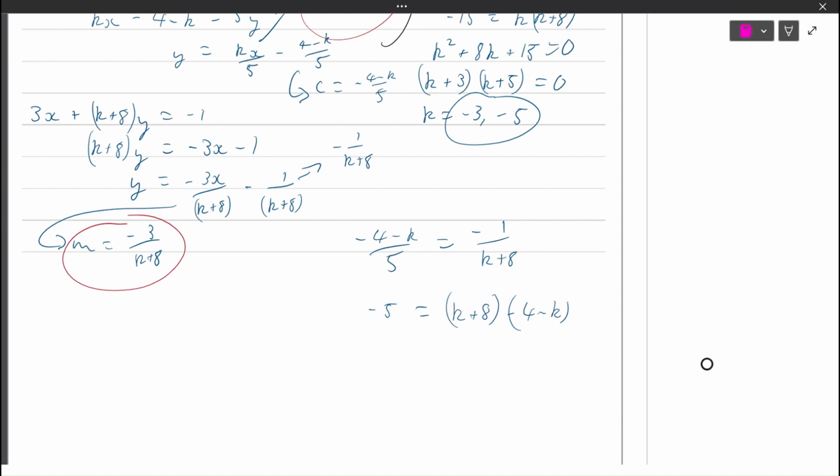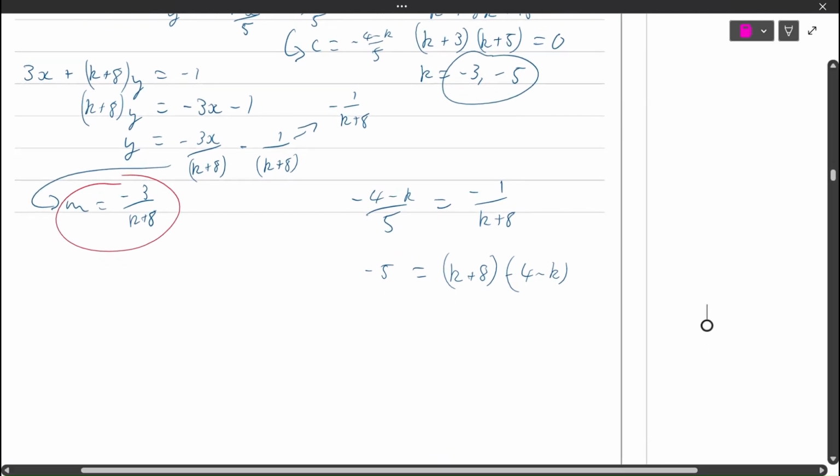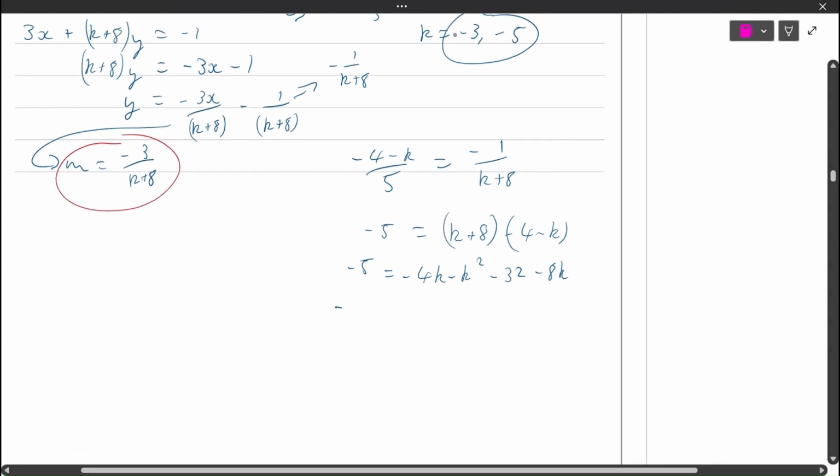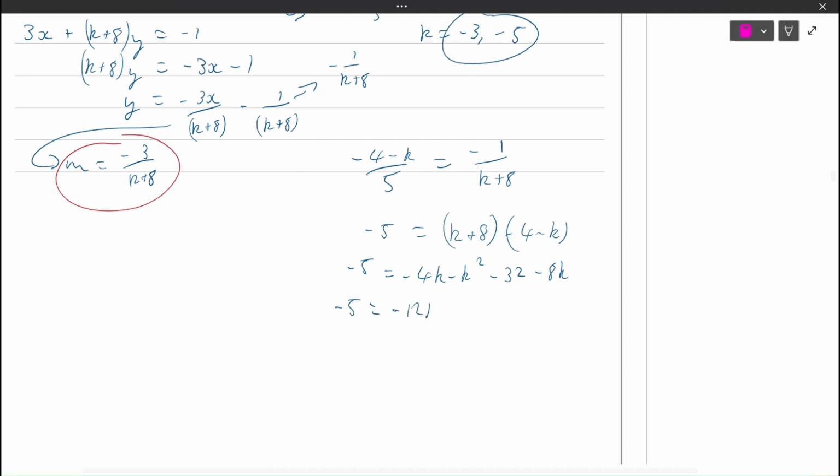Here we can expand and then form a quadratic equation again. So -5 equals -4k minus k squared minus 32 minus 8k. So negative 5 equals negative 12k minus k squared minus 32.